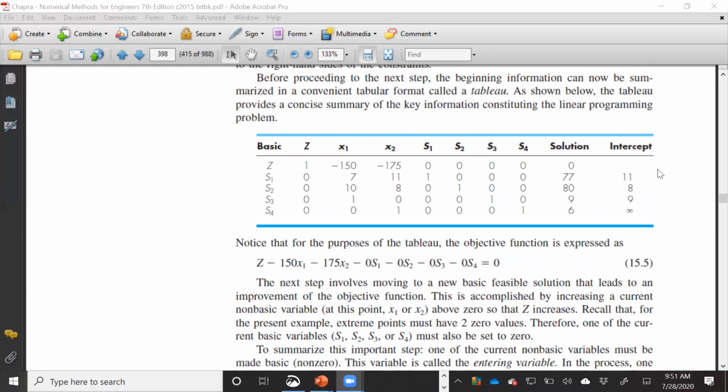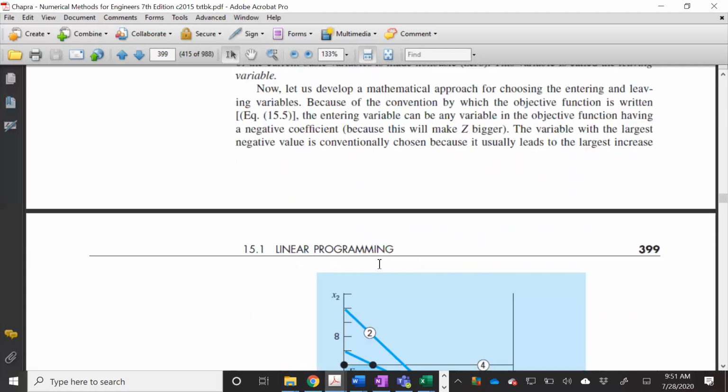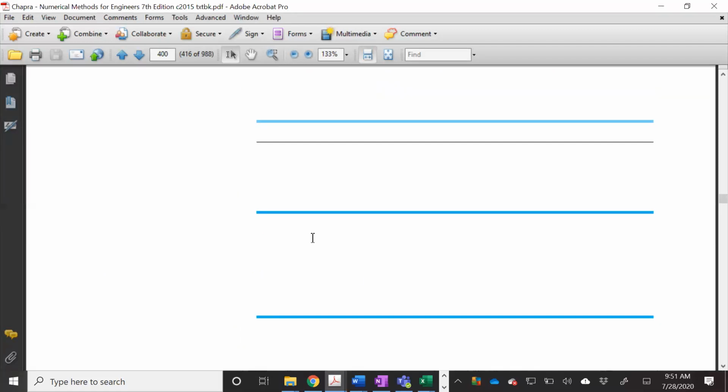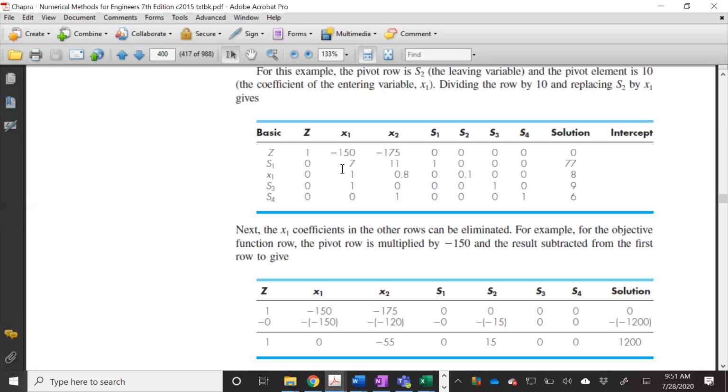Based on all these values, 8 is the smallest, which means we need to focus on S2 first. So S2 you must replace with x1.